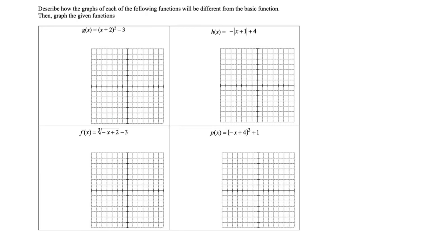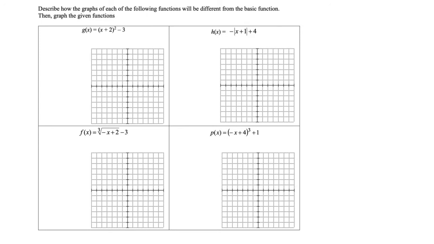Alright, so for these problems we need to describe how the graphs of each of the following functions will be different from the basic function, and then we need to graph the function. Alright, so let's start off with describing how the function will be different. So that's our transformations.